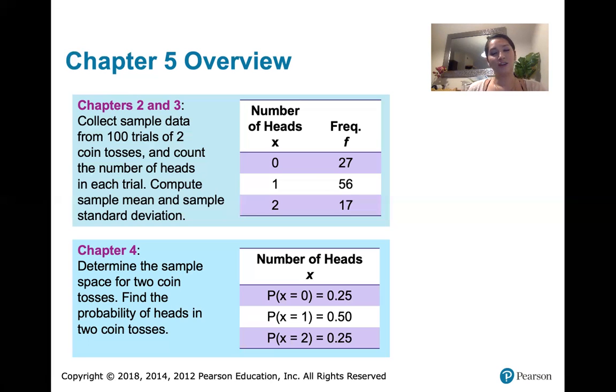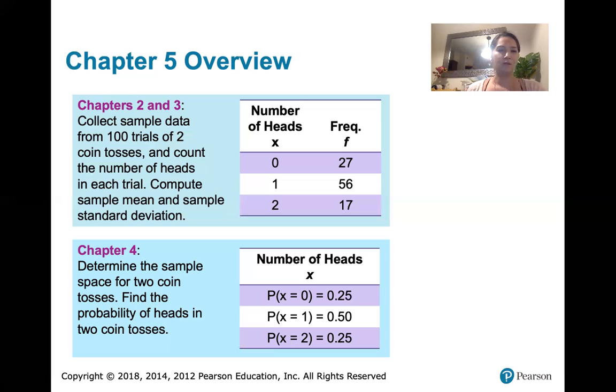In order to find those probabilities, what we would do is list that sample space, list all of the simple events that could occur if you're flipping that coin twice.